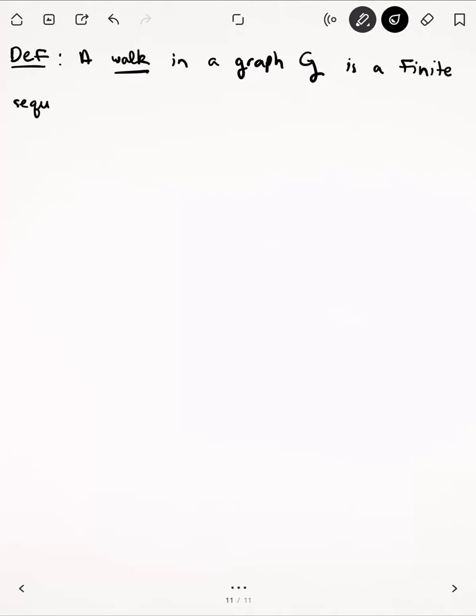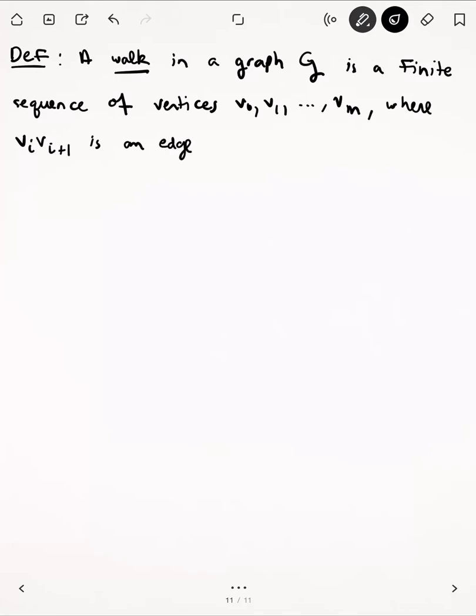Okay, now some more definitions. A walk in a graph G is a finite sequence of vertices, so V0, V1, ..., Vm, where ViVi+1 is an edge in G. Okay?